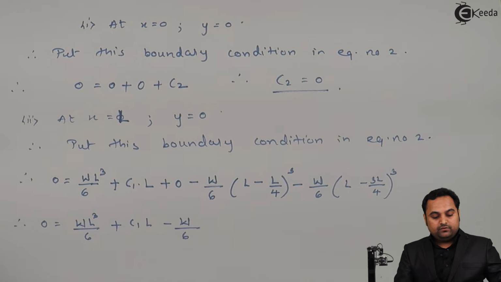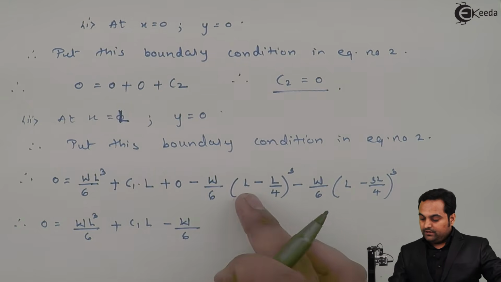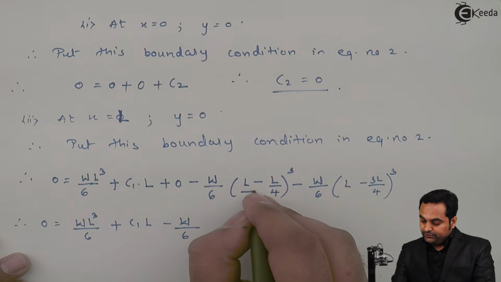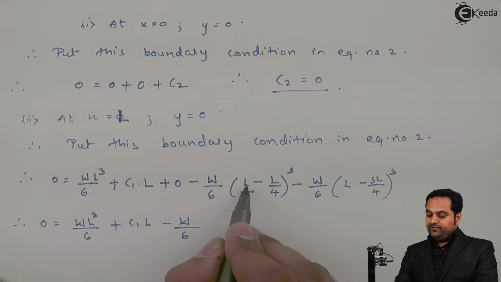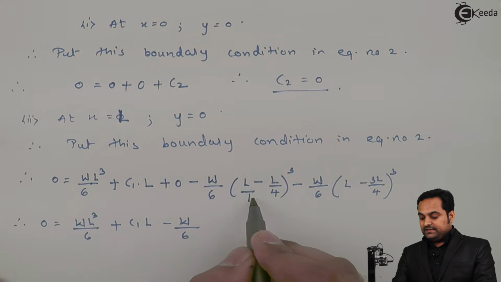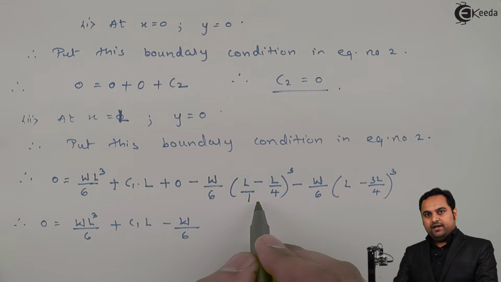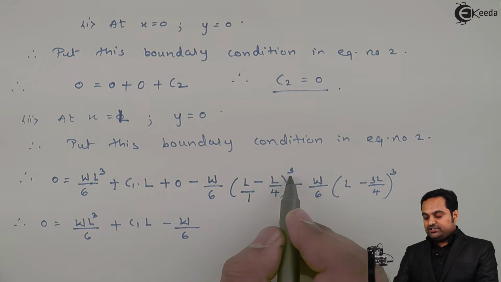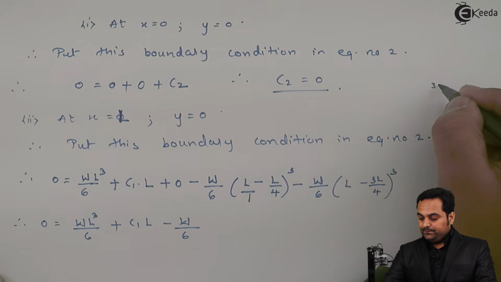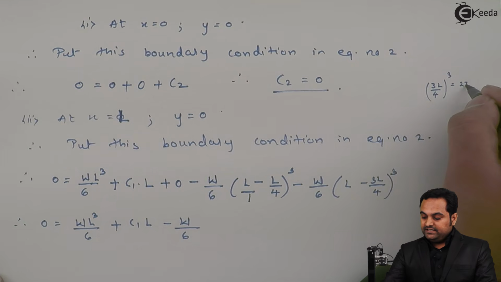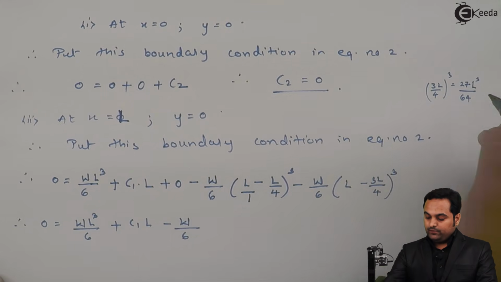Now when I am simplifying this complete bracket, here in the denominator it is 1. So this cross multiplication will be 4L minus L, which is 3L by 4, and we have to cube that term. So the cube of 3L by 4 will be 27 L cube upon 64.